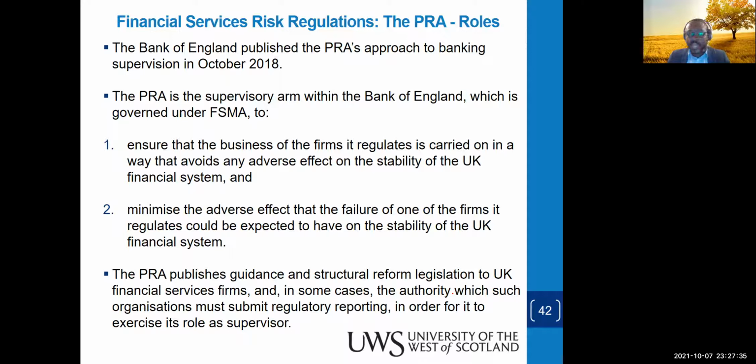The PRA is a supervisory arm within the Bank of England, the central bank, governed under the FSMA, and their mandate is to ensure that the business of the firms it regulates is carried out in a way that avoids any adverse effect on the stability of the UK financial system. Also, to minimize the adverse effect of any failure of one of the firms it regulates.